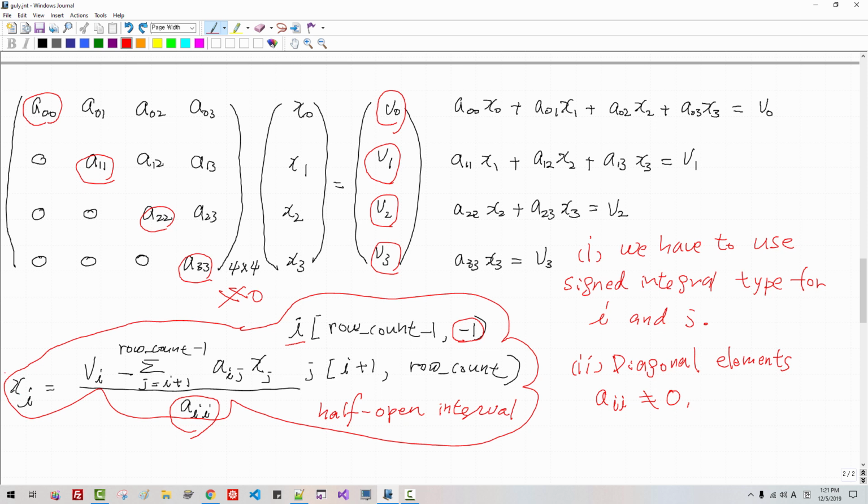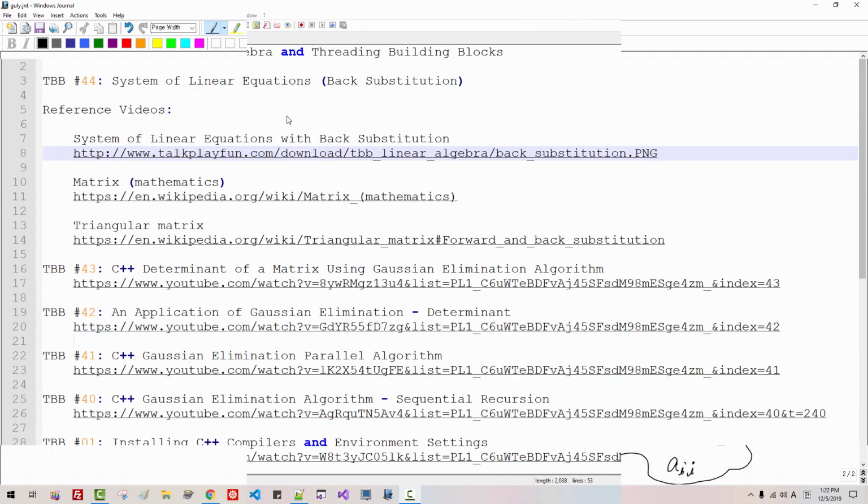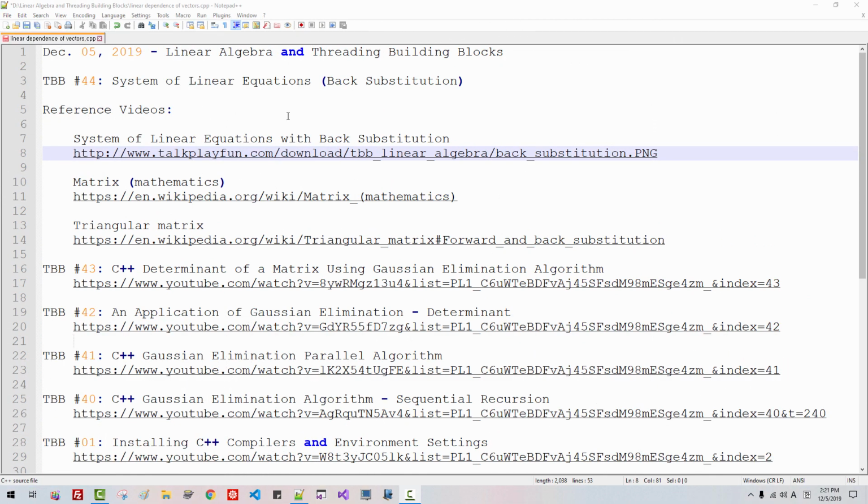So we will use bi. bi equals bi minus summation aij times bj over aii. This is our algorithm. I will post this script in the description section below this video.